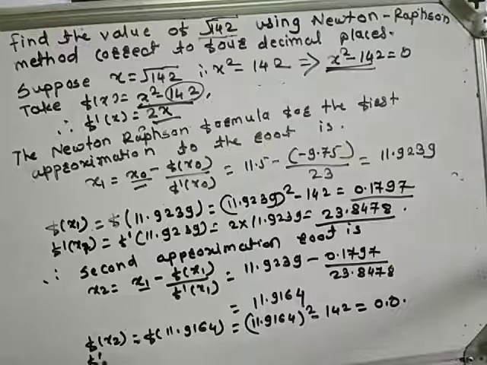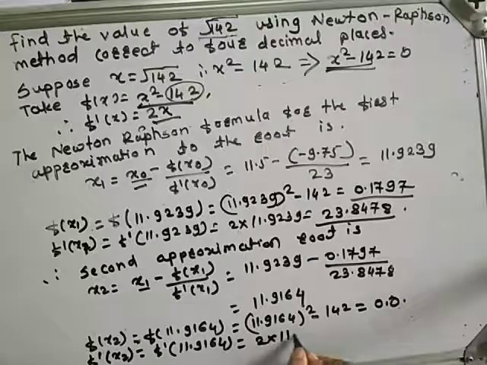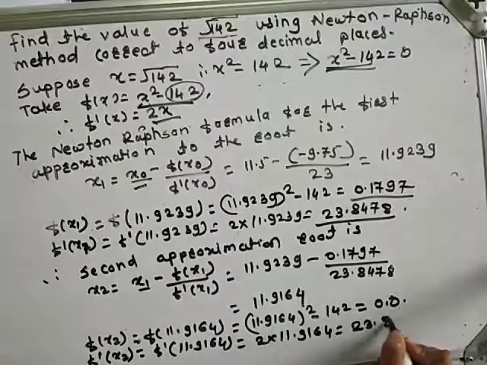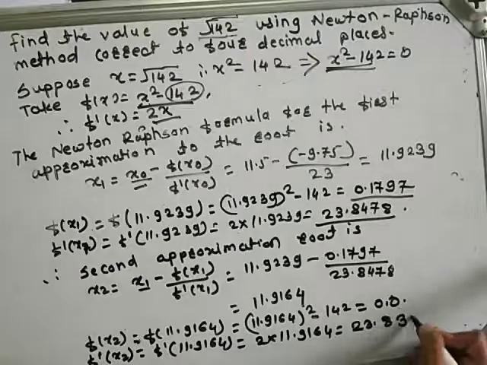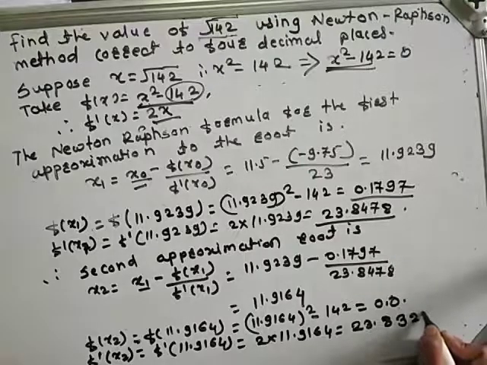Next, we have to calculate f dash of x2, which is equal to f dash of 11.9164, which is equal to 2 into 11.9164, which is equal to 23.8328.